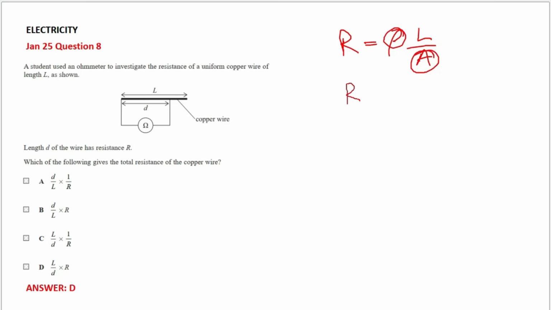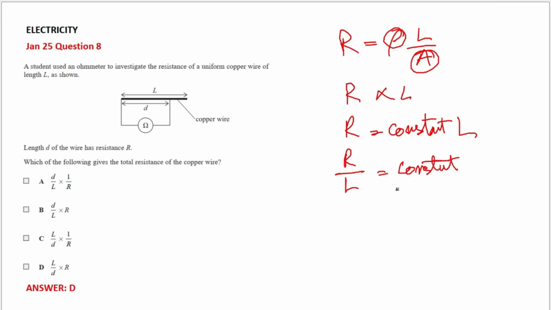So in essence, resistance is proportional to length, which means R equals constant times L, which also means R by L is a constant, meaning the ratio of resistance and length will remain constant.